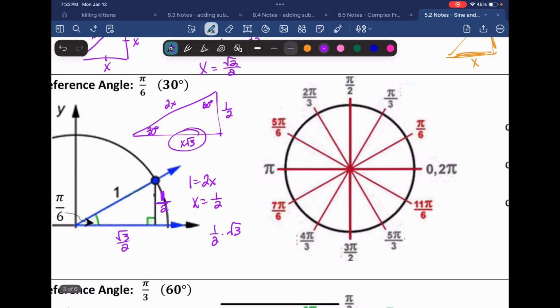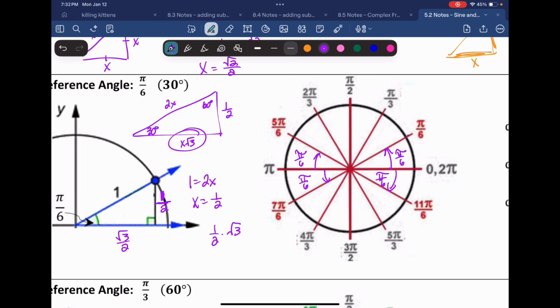So anything that has a reference angle of pi over 6, in all four quadrants, falls in this category. All of my pi over 6s fall here.